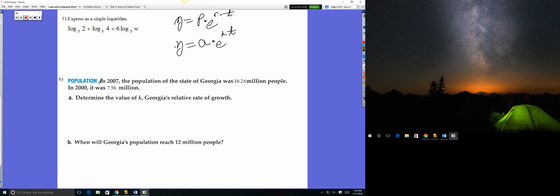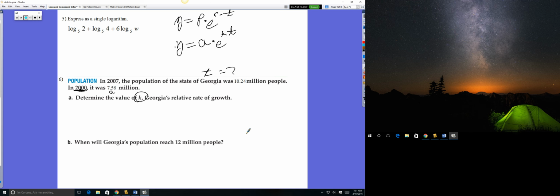So here we go. In 2007, the population of Georgia was 10.24 million people. In 2000, it was 7.56. So it started in 2000 with 7.56. That is my initial value. That's A. Determine, we're going to find the rate of growth. So if I know what it started with, and I know what it ended with, and I know the time period, the time that happened over 7 years, I can figure out how fast it changed.